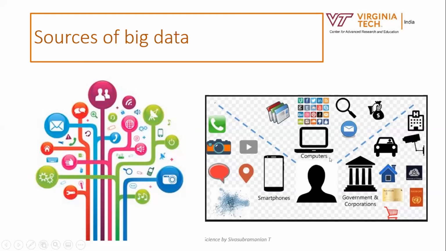The sources of the data are the computers and various other equipment and machinery, including non-digital machines which have digital sensors, like the aircraft or the car or a train or any other systems. And you have smartphones, and you have various organizations which are going to create so much data, whether organizational or governmental data centers. All these things contribute to the growth and accumulation of data.